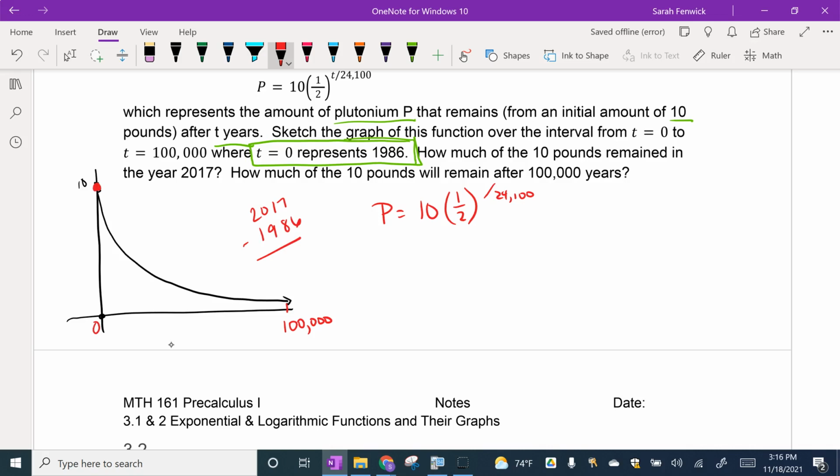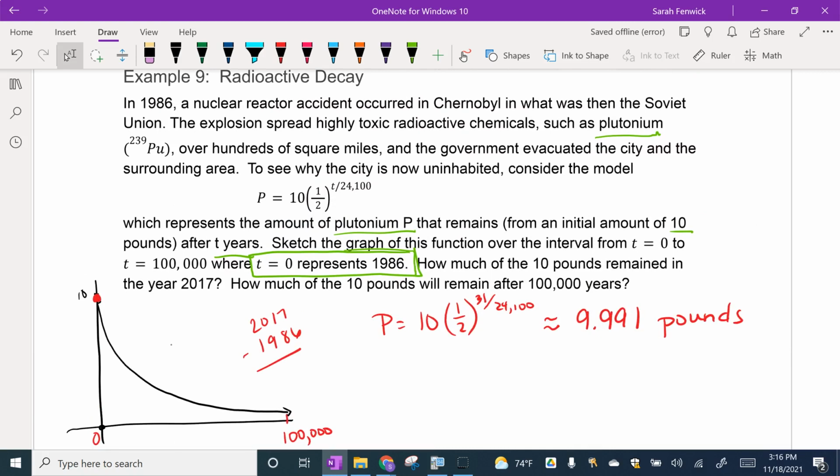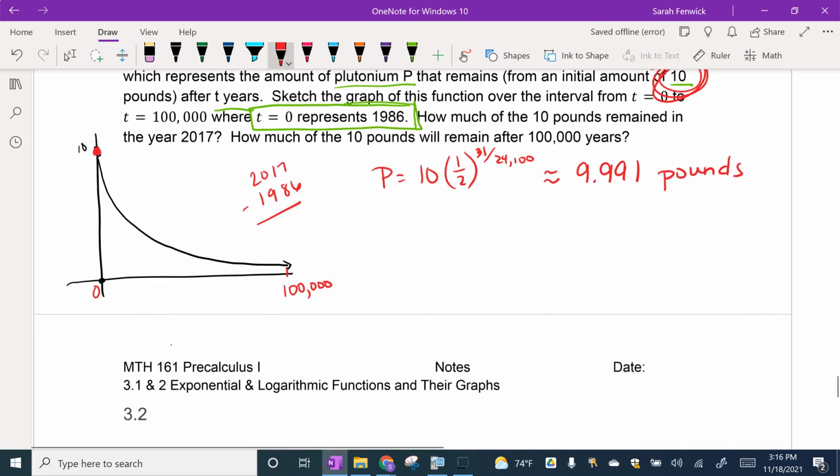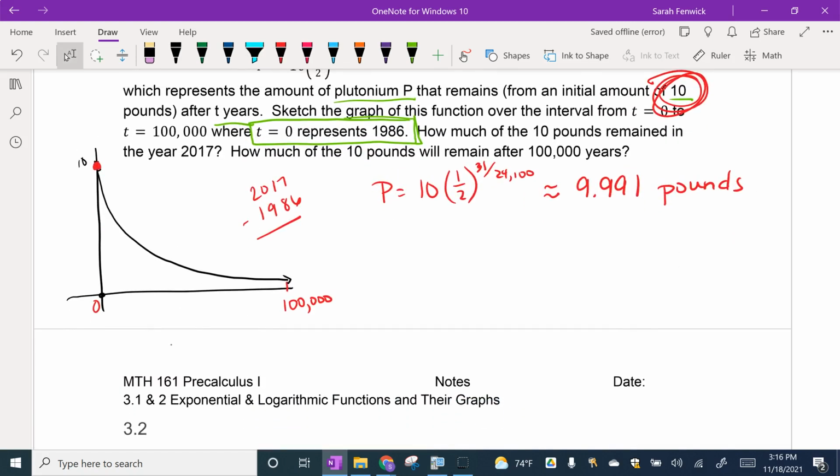So after 31 years, if I plug this into my calculator, because we ain't trying to do that by hand, you have approximately 9.991 pounds. But wait a minute, how many pounds did you start with? Oh, that's right, 10. So it didn't go much further down in 31 years, did it?